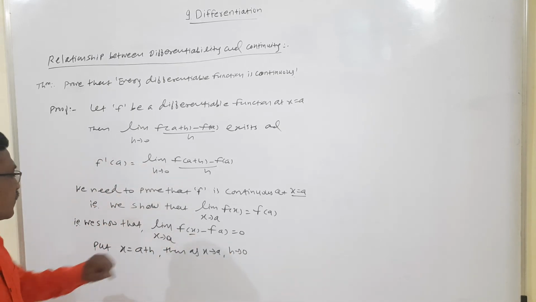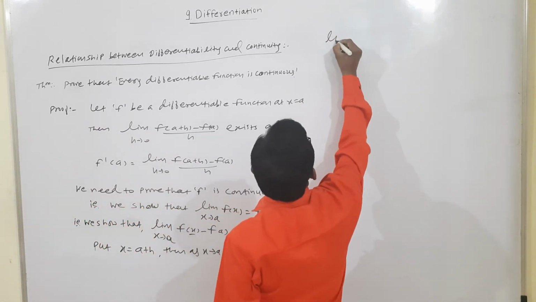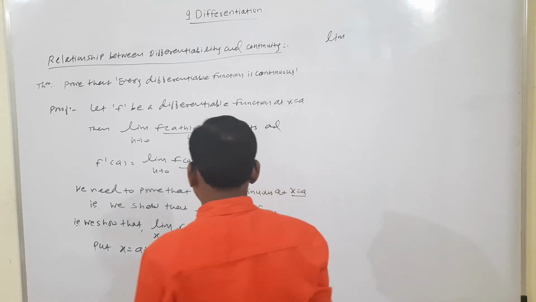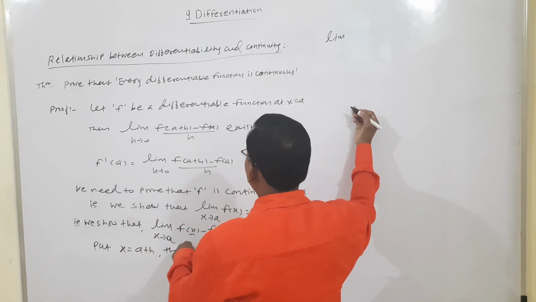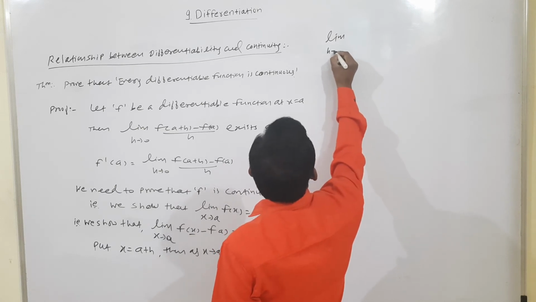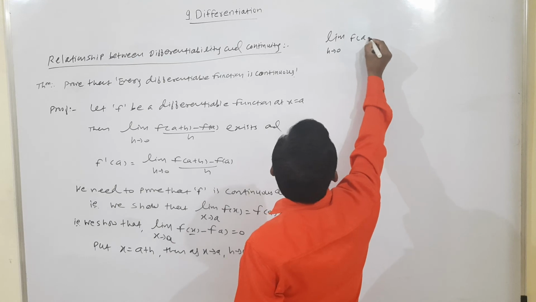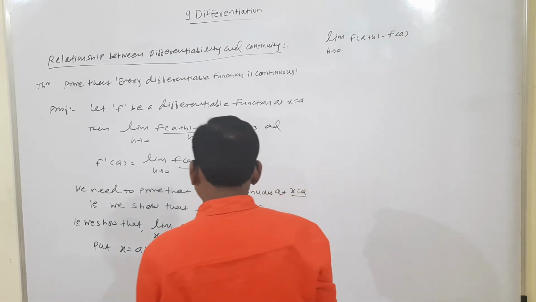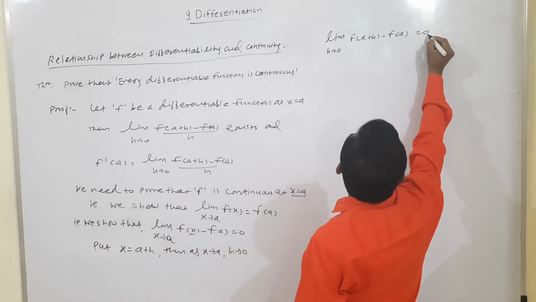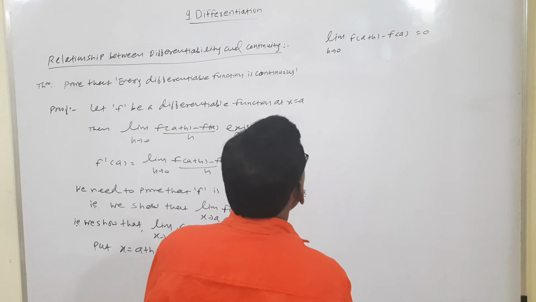So our expression is the limit as h tends to 0 of f of a plus h minus f of a is equal to 0. So we prove this.